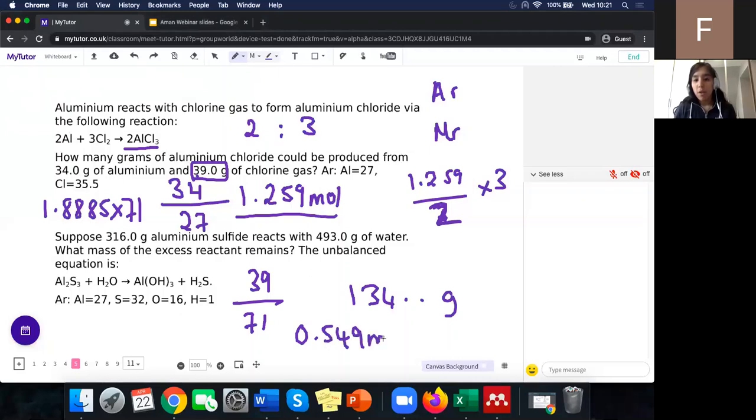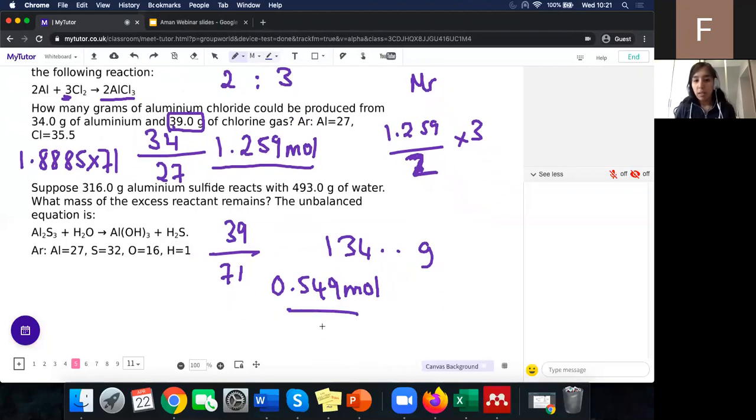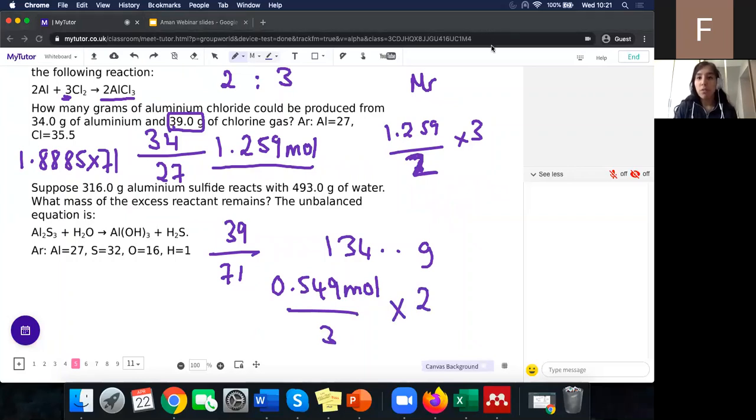So 0.549 moles of chlorine react. We want the maximum mass of aluminium chloride. So if 0.549 is equivalent to 3, we want what 2 is. So now the ratio is 3 to 2. So remember, to get what 2 is, we divide by 3 and multiply by 2. So what's 0.549 divided by 3 and multiplied by 2?